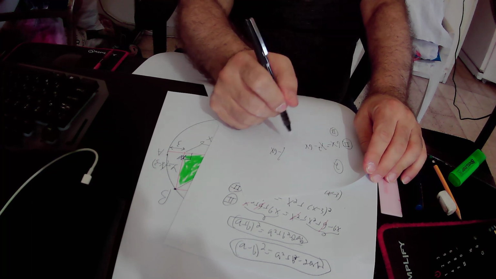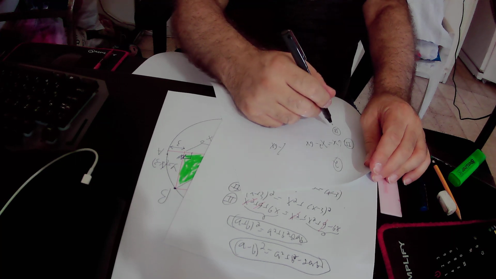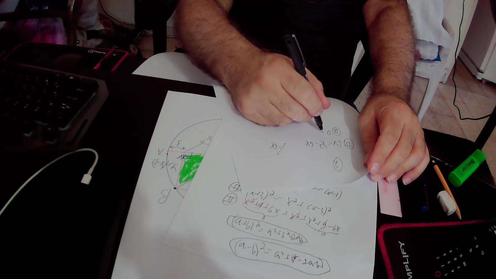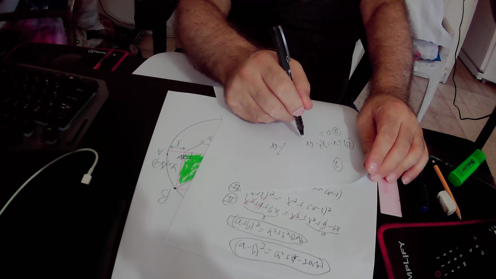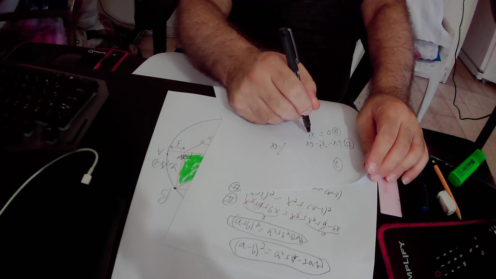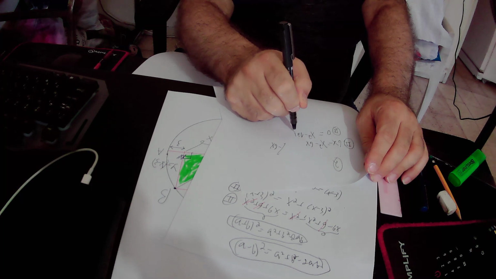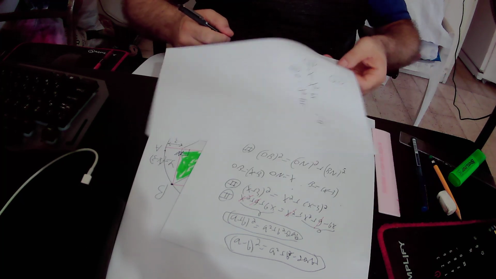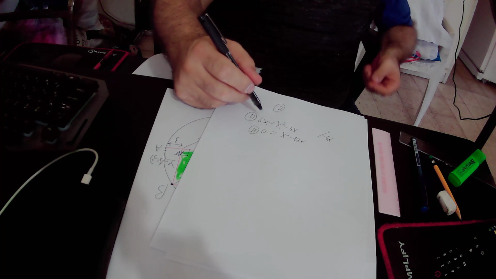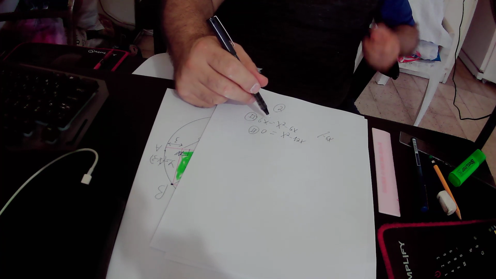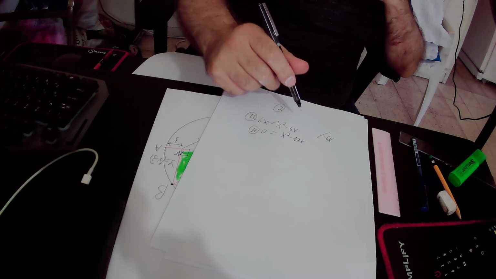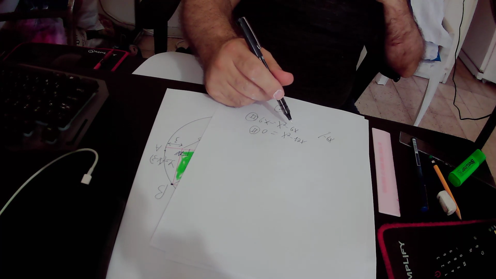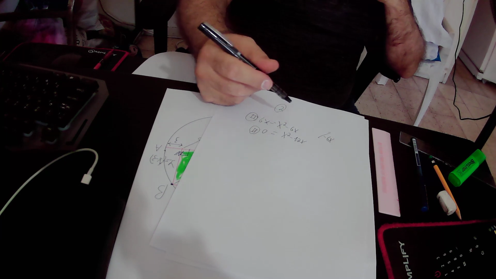Six x minus 6x equals 0. We have x squared minus 6x minus 6x, which is x squared minus 12x.